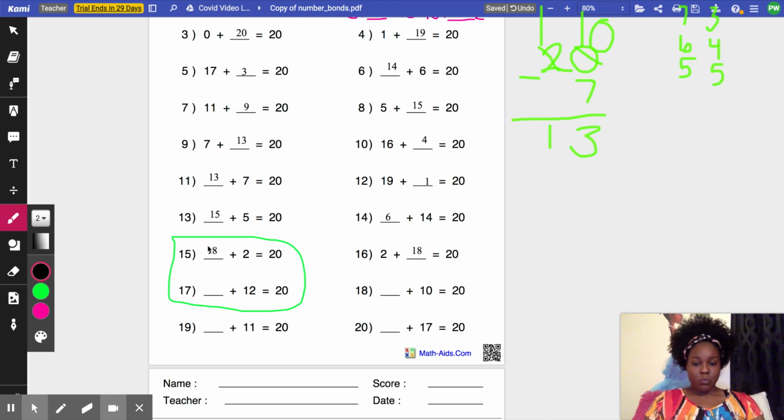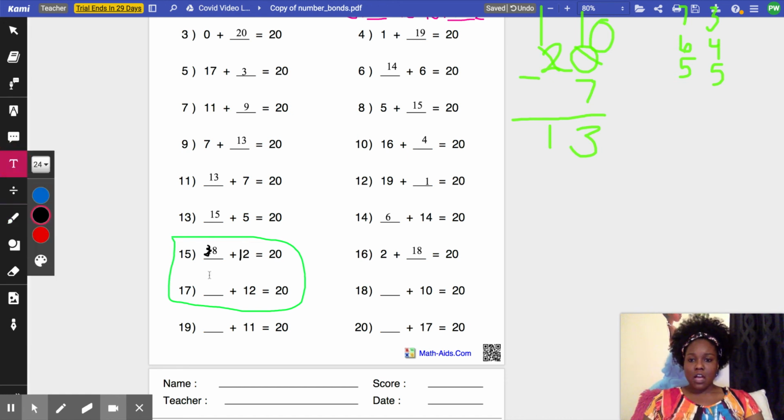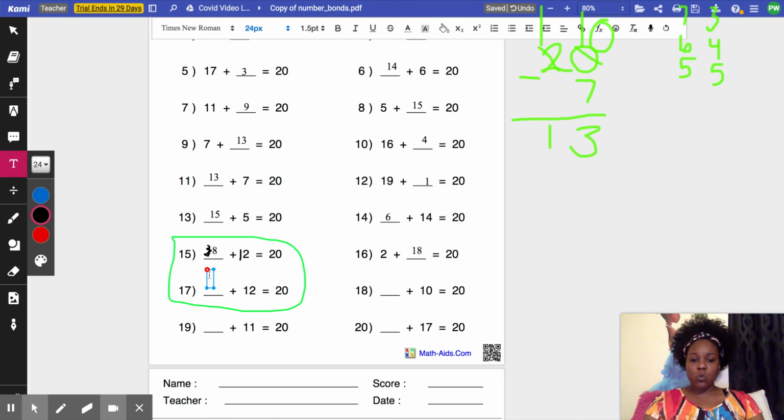Because when you decompose 18, you decompose it into a 10 and an 8. So I'm wondering if I decompose this and I take off this 10 and I move this 10 over here to the 2, that makes this 12 and I'm left with 8. That looks like this problem down below. So 8 plus 12 must be 20.